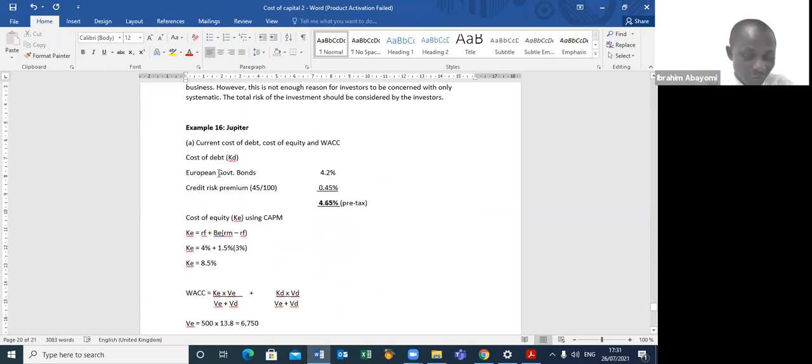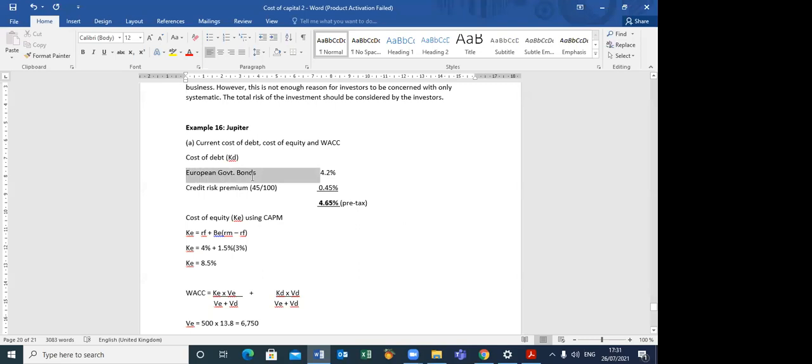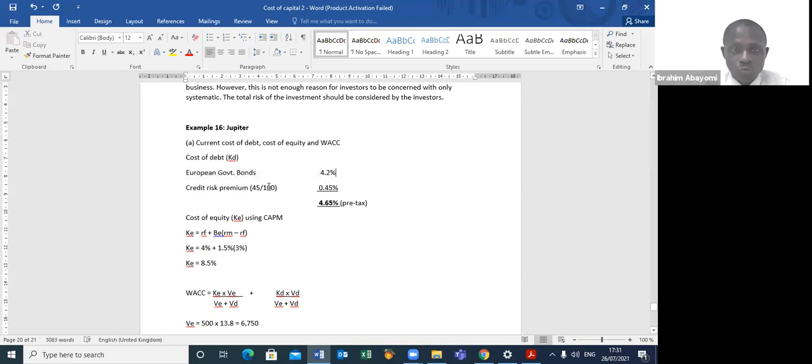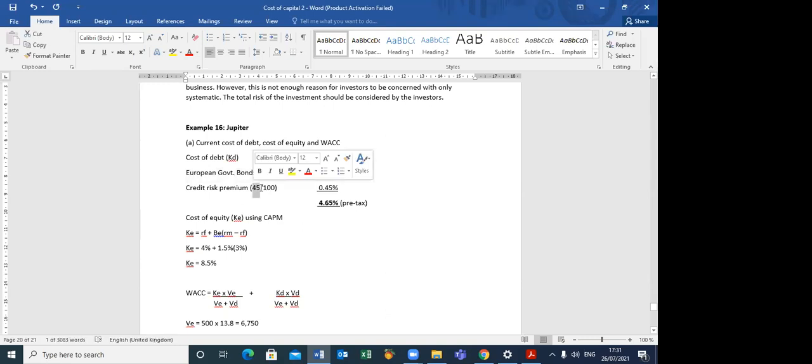Let us refer to the yield to maturity of the European government bond for 4 years, which is 2%.